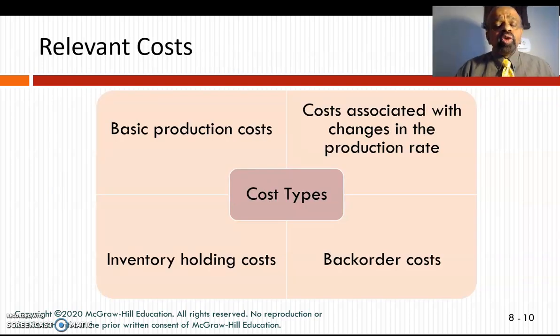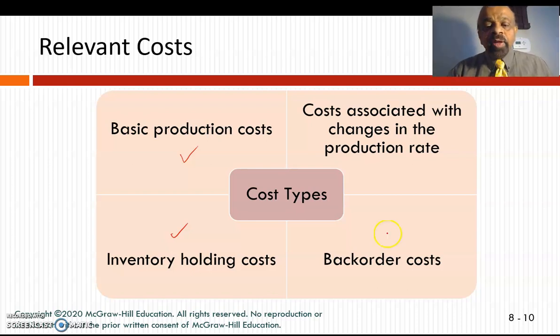Cost-wise, I'm going to look at basic production costs. If I'm going to make 200 units, how much is it going to cost me to make the 200? That has to be there in every calculation. Every calculation will have a basic production cost. Then there are other costs. For instance, if I'm going to hold inventory for the next month, that means my ending inventory is positive, so I'm going to have a cost because I'm going to hold that inventory.